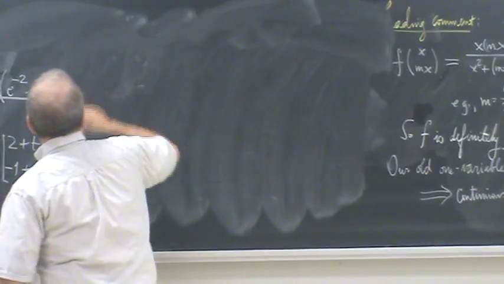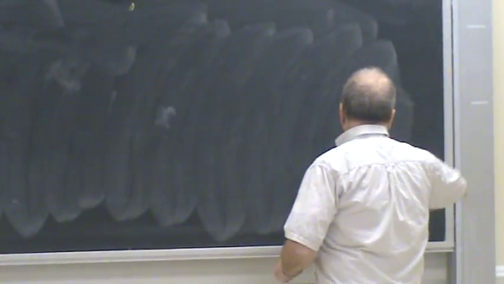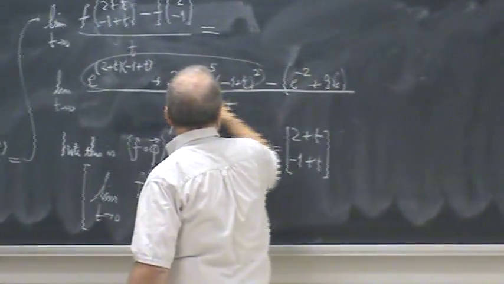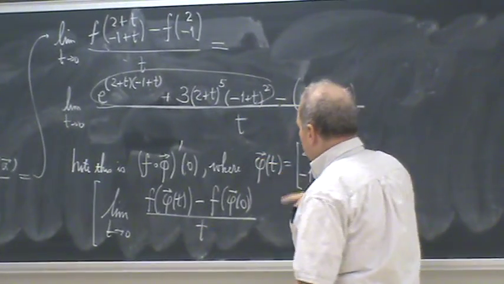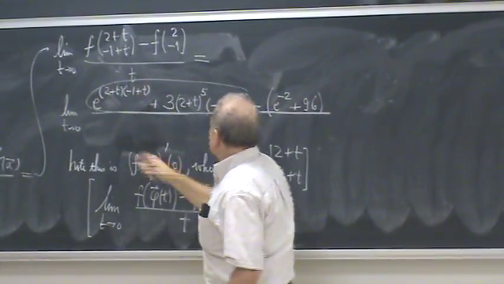But how do I do the derivative? Well, it's easy. I have it written down there. This is a function of t. This is the function at 0 over t. So this is the derivative at 0 of this function of t.